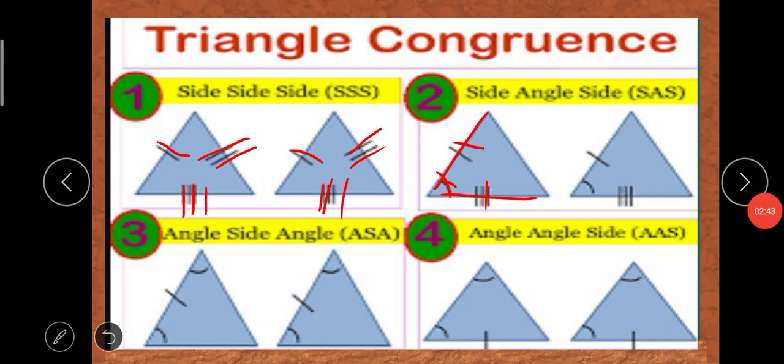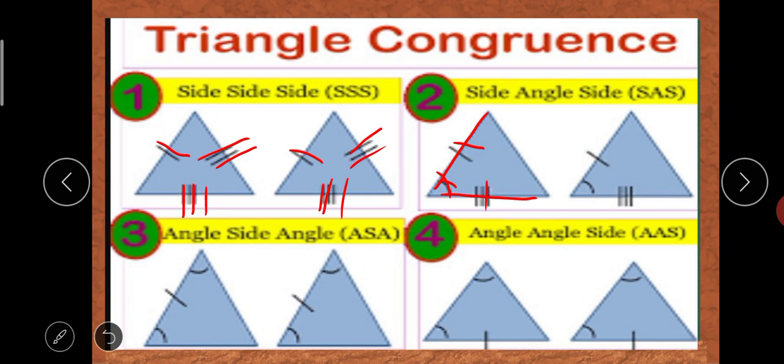Third one, angle, side, angle. So what is the meaning of angle, side, angle? That is ASA. When are two triangles congruent? If two angles and the side included between them in one triangle are equal to the corresponding two angles and the included side of the other triangle.